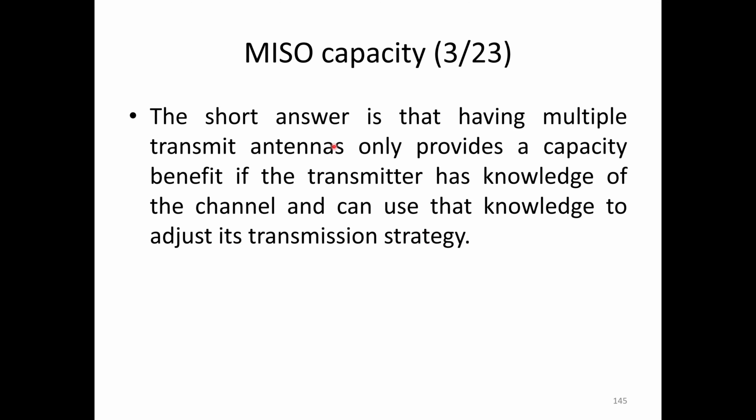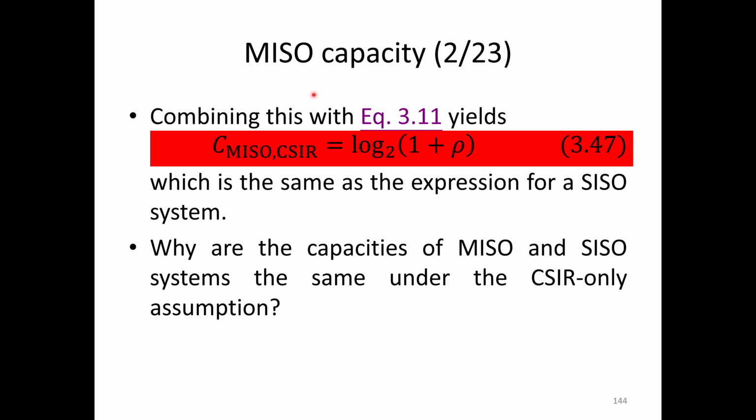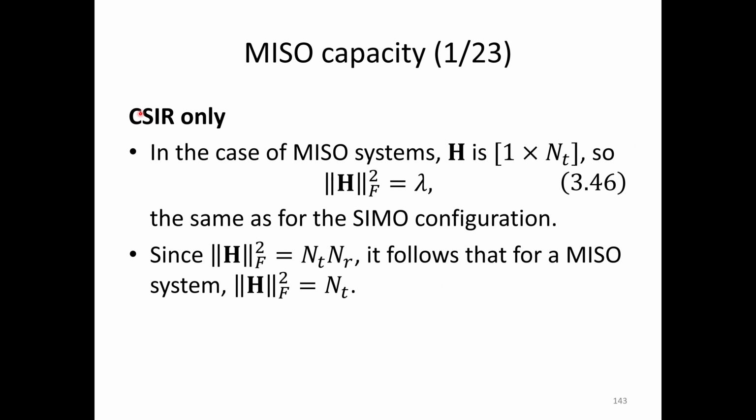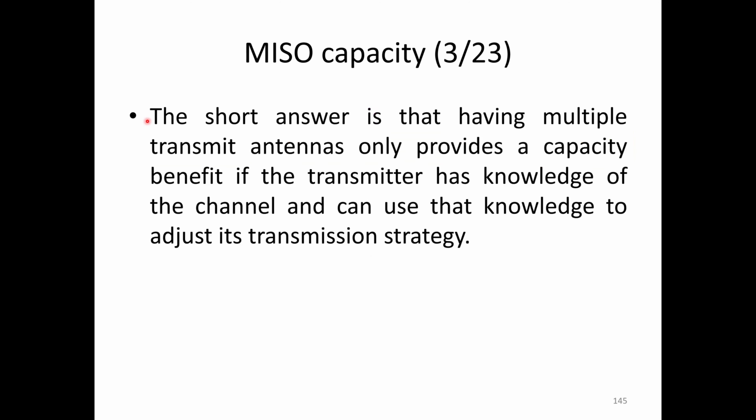However, we only have CSIR now, so the transmitter does not know the channel matrix H. So it can only use equal power allocation.